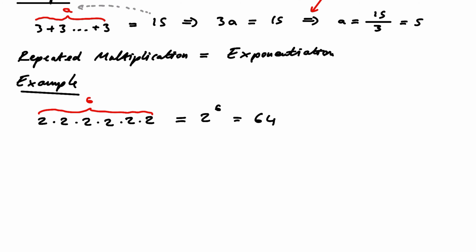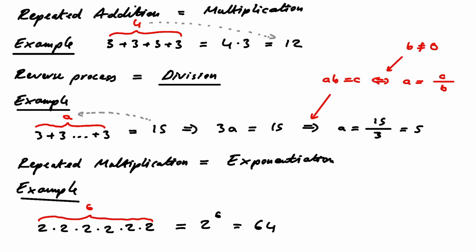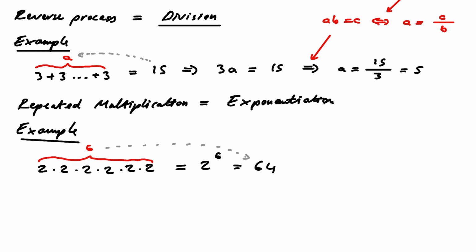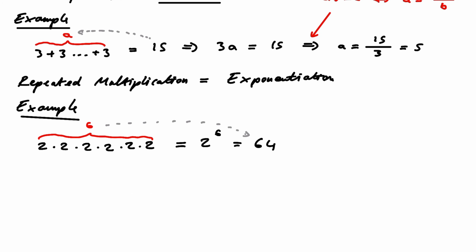Let's do an analogy with what's happening above. In a sense, what I'm doing is going from 6 to 64 by raising 2 to the power 6. So the forward process is this. I go from 6 to 64 by raising 2 to that power. Now, what's the reverse process?